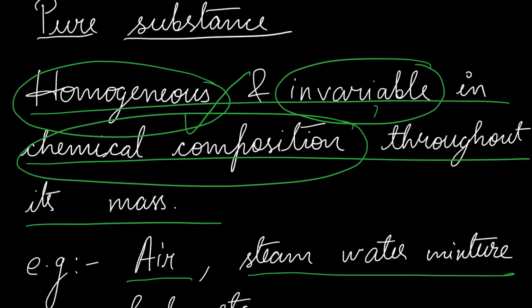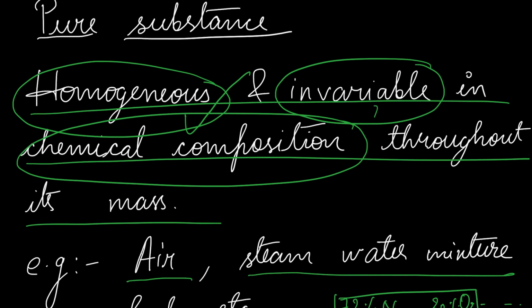And what it means, homogeneous means it has one state. And invariable in chemical composition means, let's say air has 72% nitrogen, 20% oxygen, whatever, and other gases. So it should remain like that.